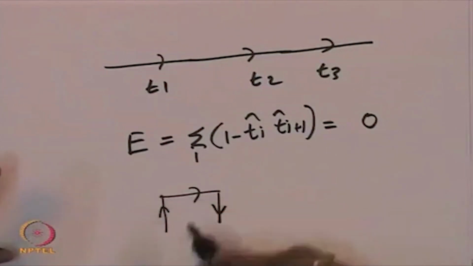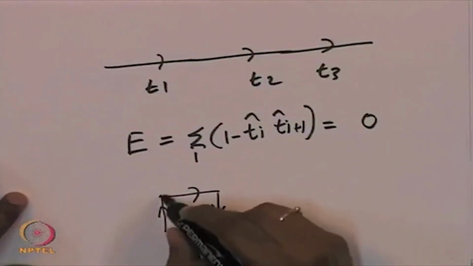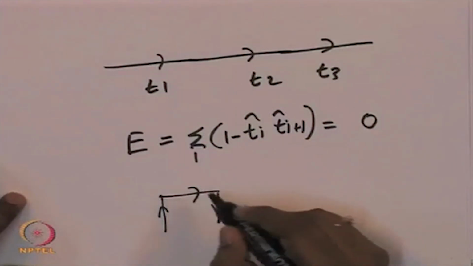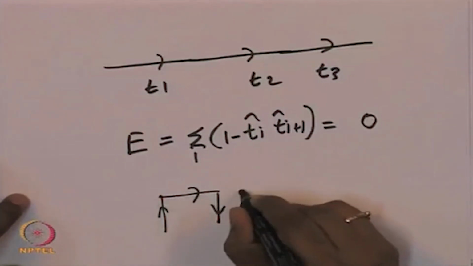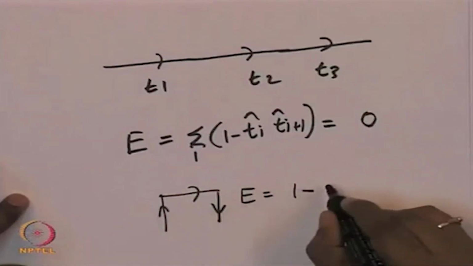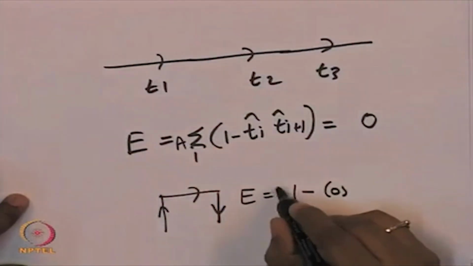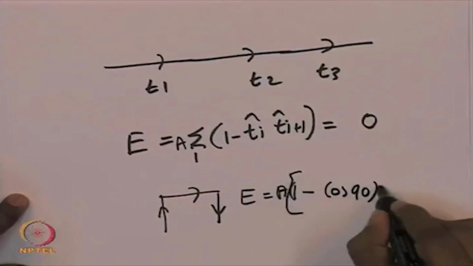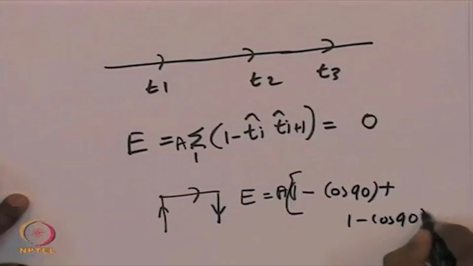So, the angle between this is 90 degrees. So, the energy of this, there are 3 tangents and 2 angles. The energy of this will be A into 1 minus cos 90 plus this also 90 degrees, again 1 minus cos 90.